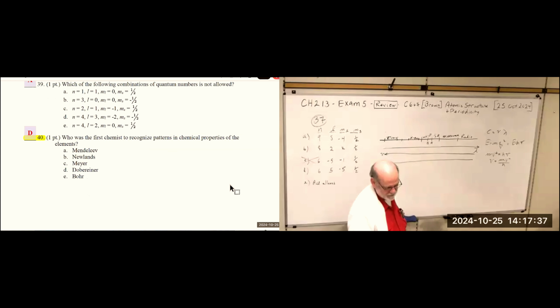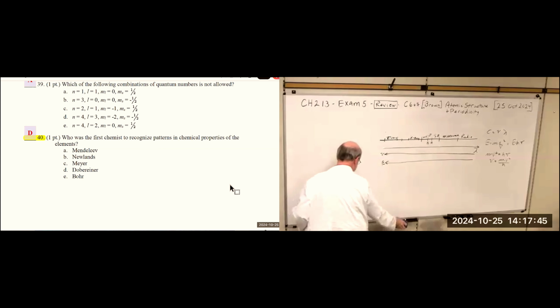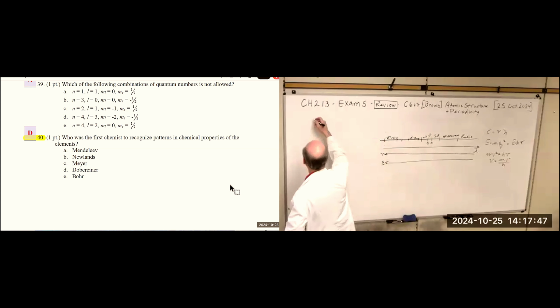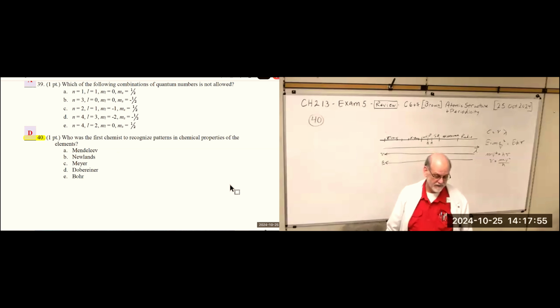Let's see. How about 40? Who was the first chemist to recognize patterns in chemical properties of the elements? The temptation is to give it to Mendeleev, but he wasn't the first. No, it was, remember the triads?